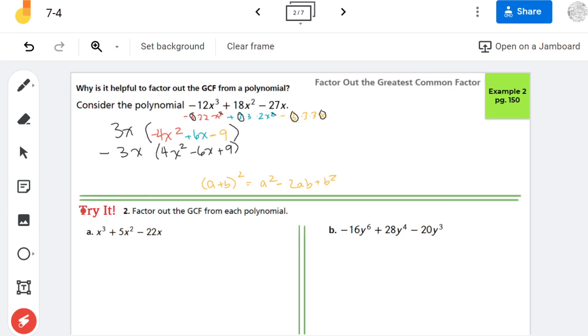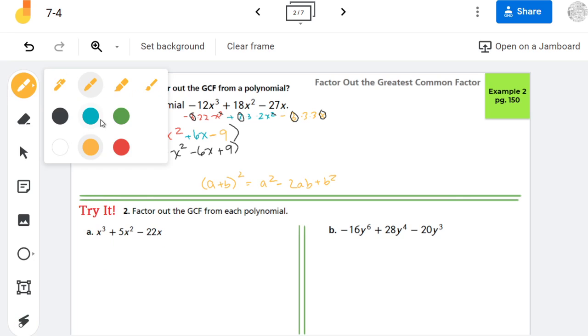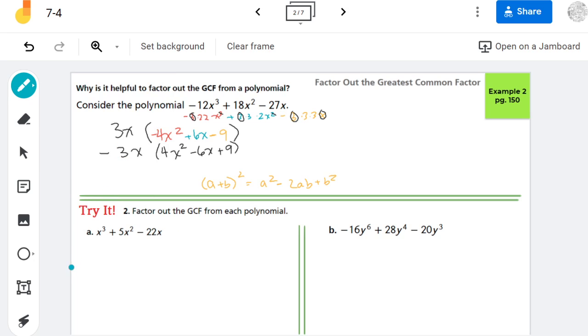Let's try this one. So on this one, all of my factors here, I have a 1. Because there's nothing else in front of x cubed, just a 1, my GCF is just going to contain the number 1 as a coefficient. So the only thing I can rely on for a GCF here would be the x's. So the smallest number of x's here is just that x.